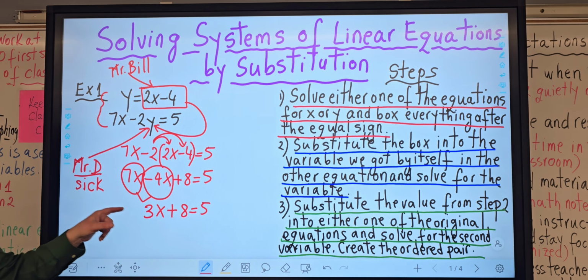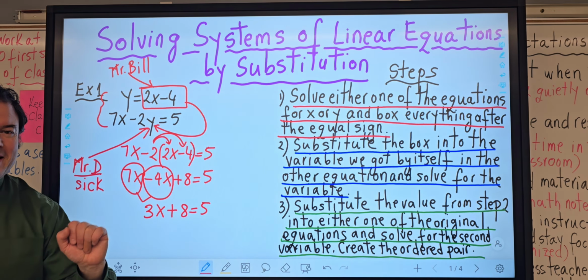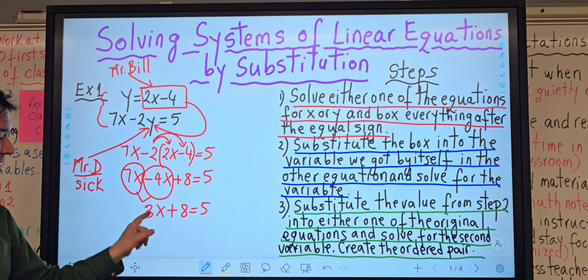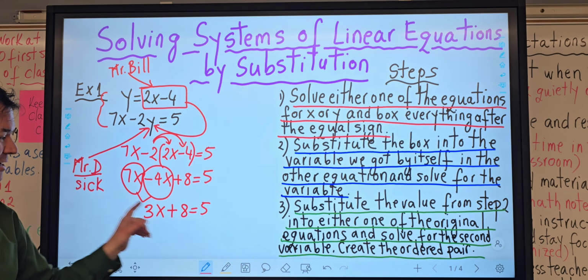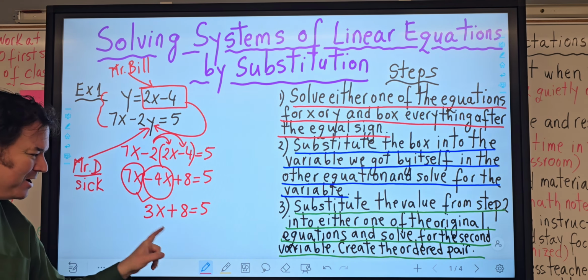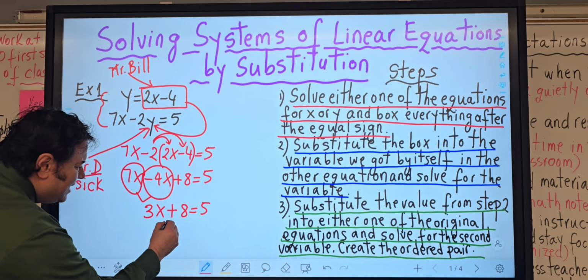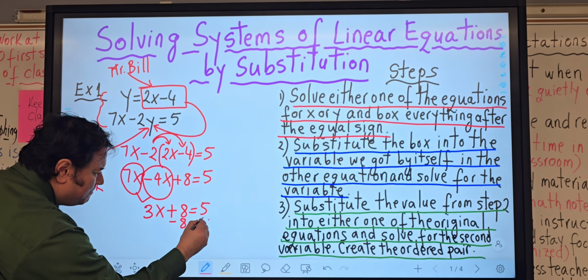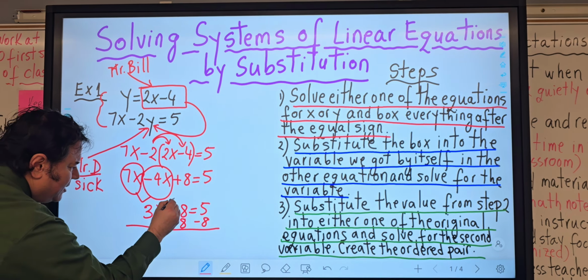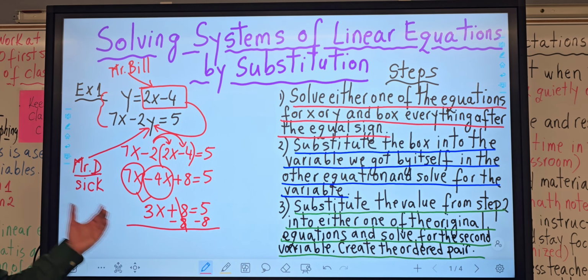Now we have a two-step equation. And remember, for the two-step equations, 8 has to go home first because 8 does not have a pair. So we have to subtract 8 on both sides. 8 and negative 8 becomes a 0.